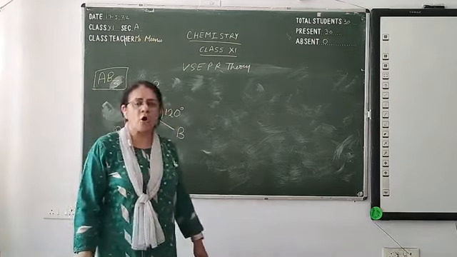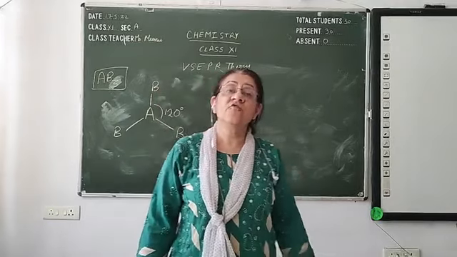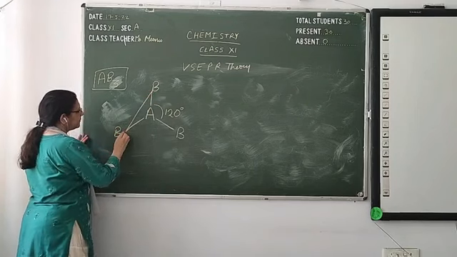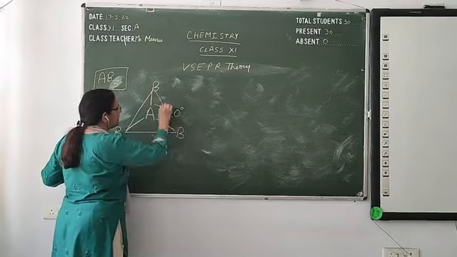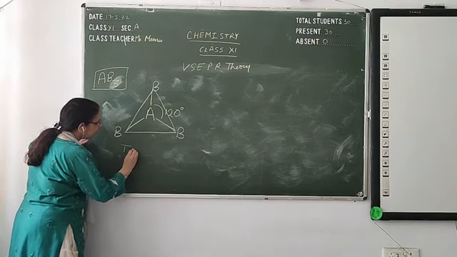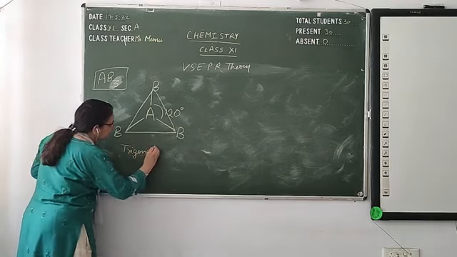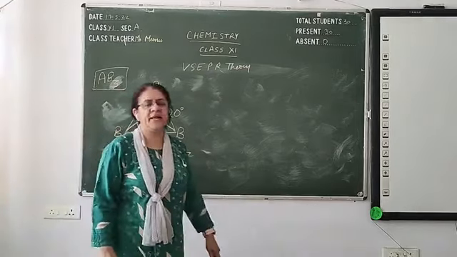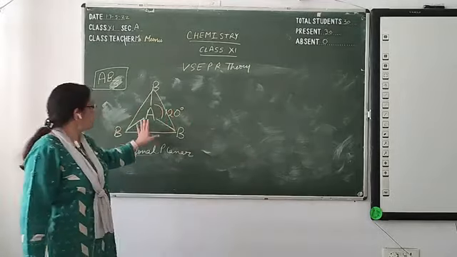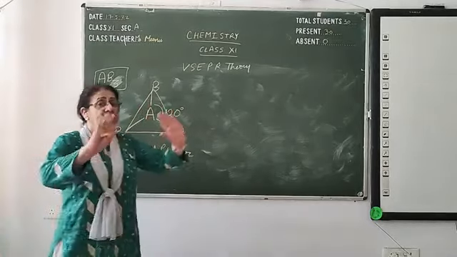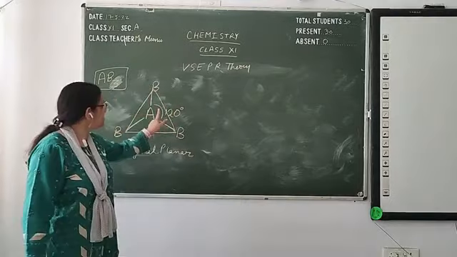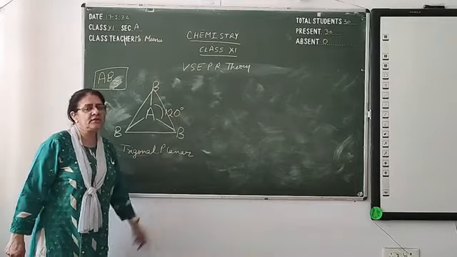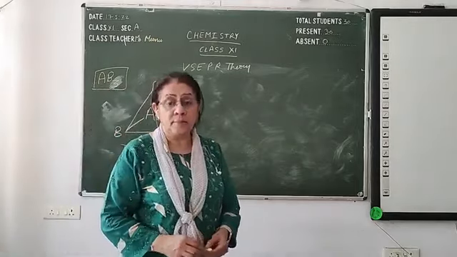So, each bond angle is going to be 120 degree, and if I connect the B, the shape is going to be trigonal planar. So, AB3, the bond pairs try to remain as far apart as possible. Hence, the bond angle will be 120 degree and the shape will be trigonal planar.